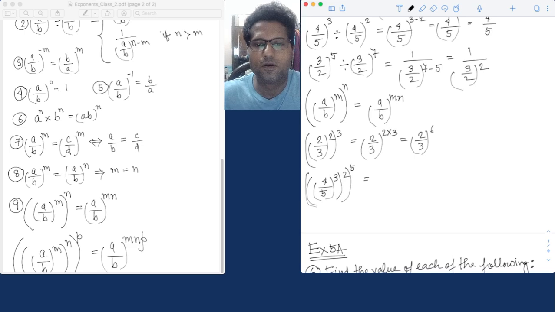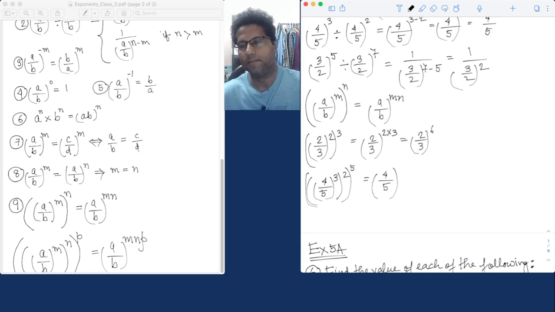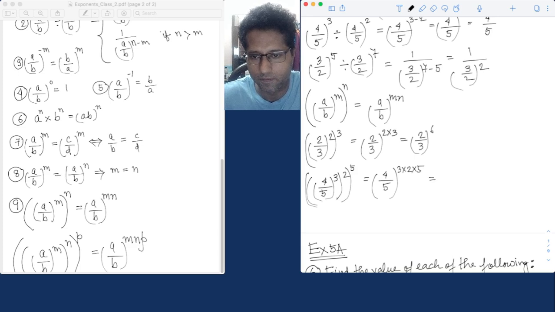This is nothing but the base, the rational number 4 by 5, raised to the product of all the powers, that is 3 into 2 into 5. So this is 4 by 5 raised to the power 30. I hope it's clear.